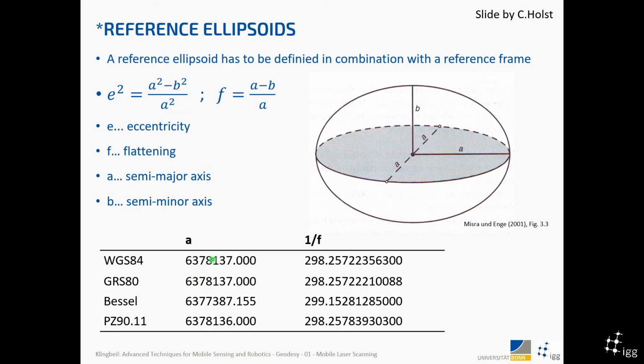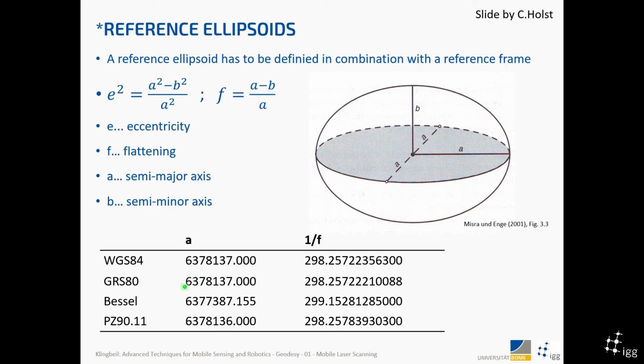Just as an example, what are the different a's, for example, for different ellipsoids? This is WGS84. This is the official GPS ellipsoid, which is used in the GPS coordinate system.